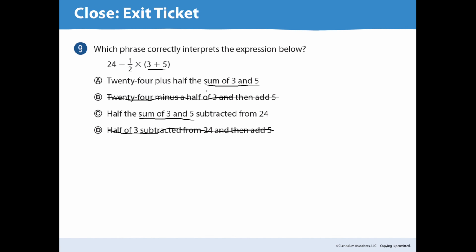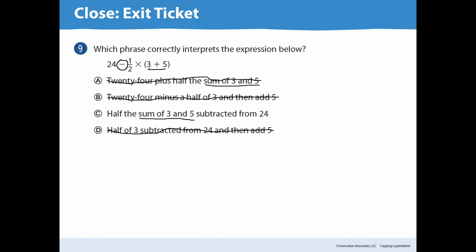Let's look at the rest of the problem. 24 plus half the sum of 3 and 5. So if we look at the problem here, we have a minus sign here, not a plus sign. So this one's not going to work. I'm just going to cross that guy out. Let's check C. Half the sum of 3 and 5 subtracted from 24. All right, so we would find 3 plus 5.